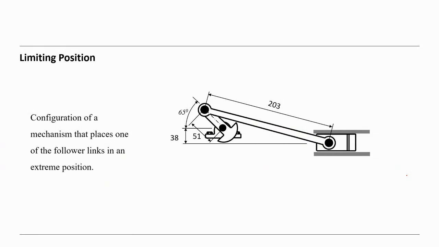So now the limiting position, or the limit position. You may remember this mechanism. This is a crank slider mechanism, inline, which we already discussed in our previous lessons.